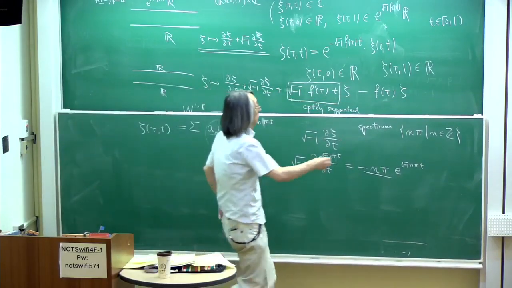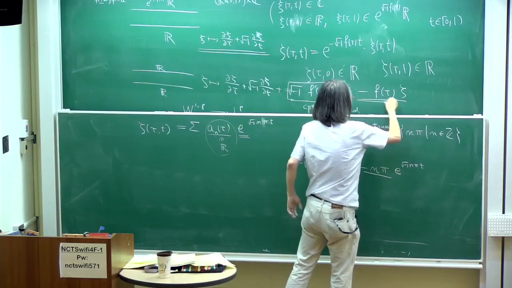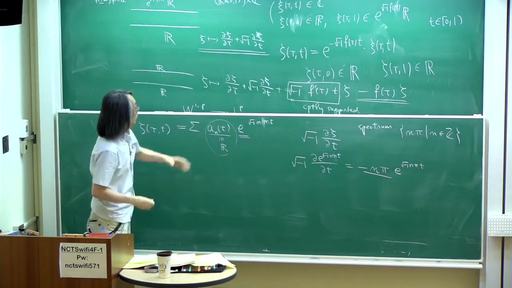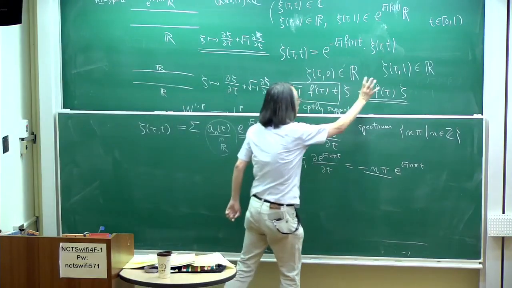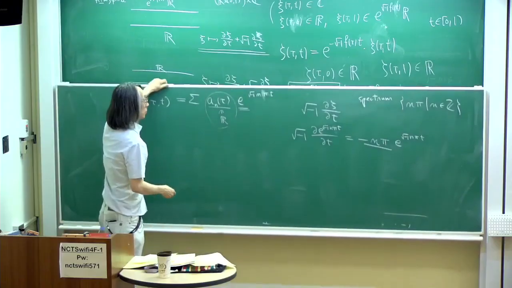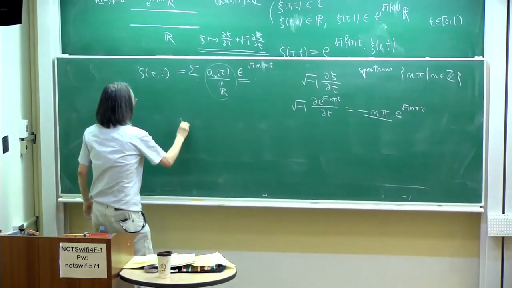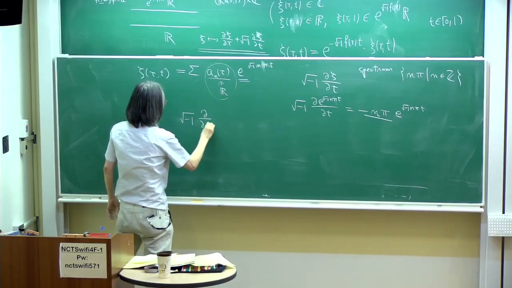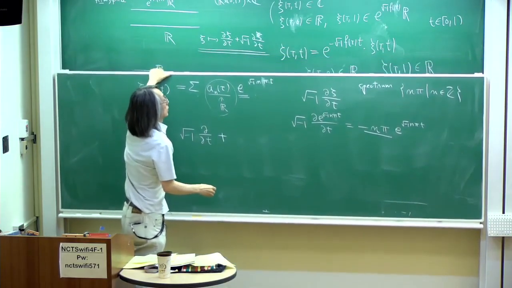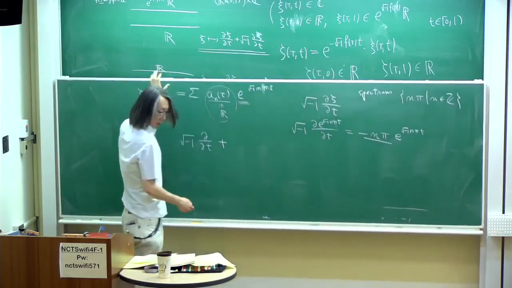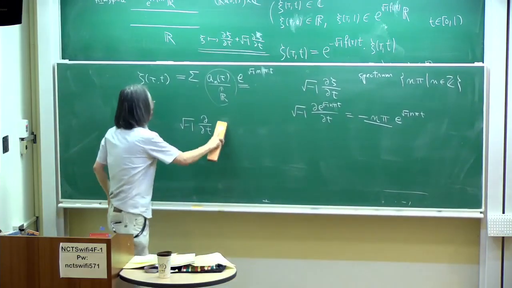But here, I have a kind of constant term, I mean, just multiplying this one to theta. So here I consider the operator like minus 1 of d dt plus this, minus f tau.